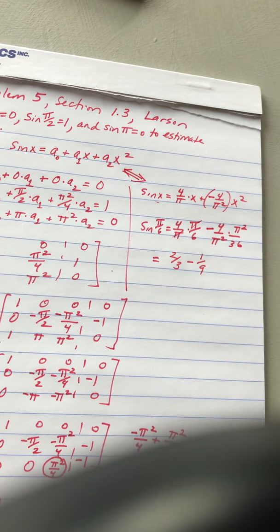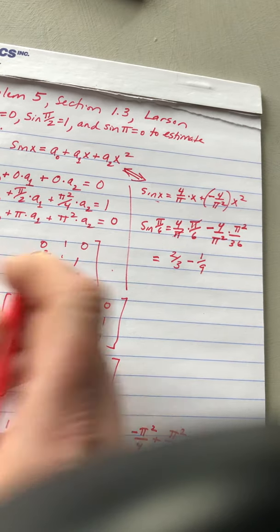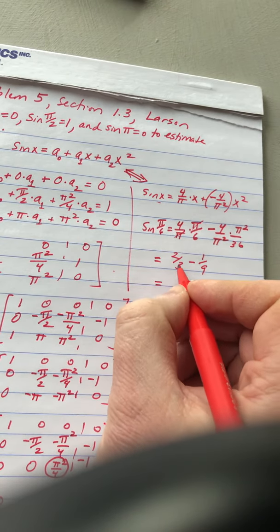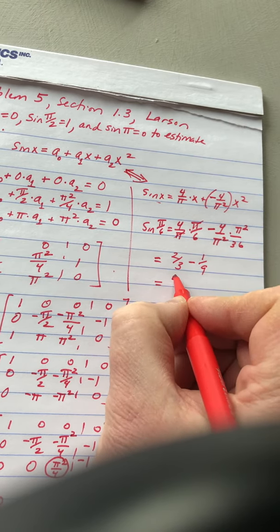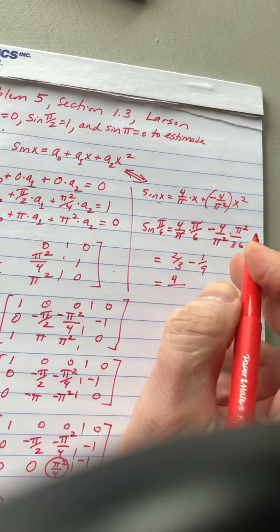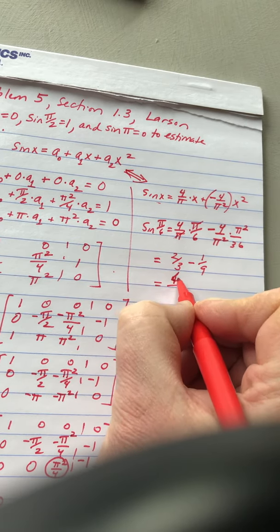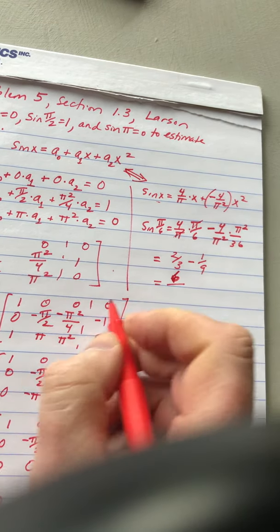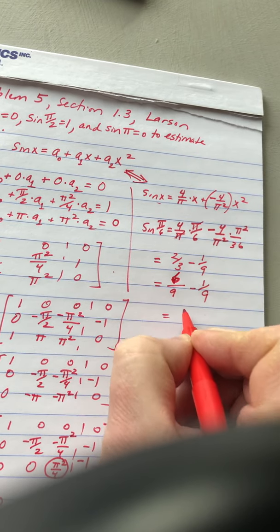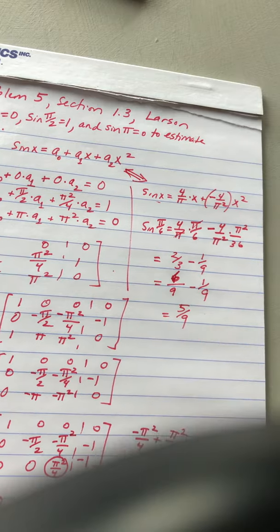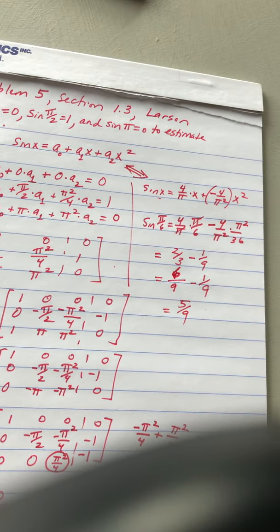Okay? Now, what if I want to go ahead and simplify this? Well, 6 ninths minus 1/9 is just 5/9. So that's what you should get.